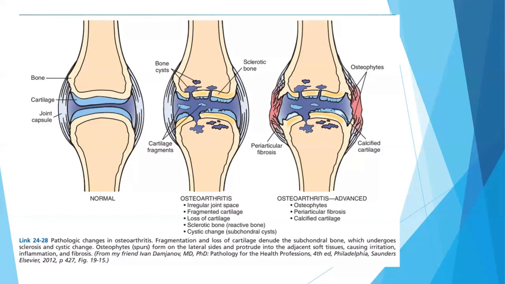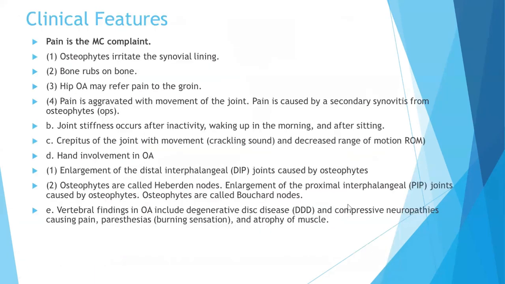So in osteoarthritis, you can see the irregular joint space, fragmented cartilage, and the loss of cartilage. You can see the reactive bone, that is the sclerotic bone here, and the cystic change, that is the subchondral cyst inside the bones. And when the osteoarthritis gets advanced, then we can see the osteophytes. Here, these are the osteophytes and periarticular fibrosis and some calcified cartilage.